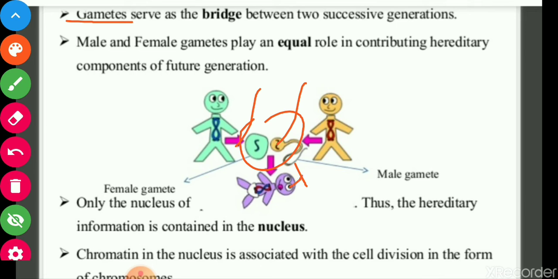And the nucleus, which contains chromosomes, is the hereditary unit which transfers the information. In the nucleus, chromatin is found, which is made up of DNA, and this chromatin forms chromosomes.